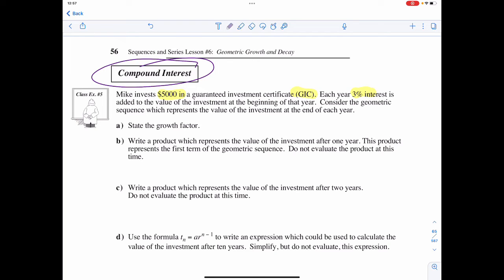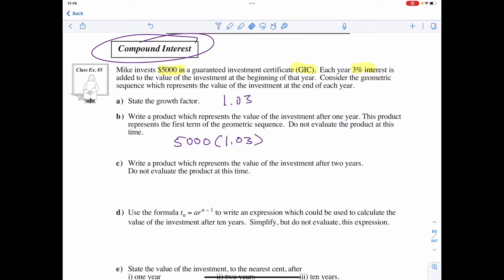So my growth factor, if I'm increasing by 3%, is going to be 1.03. If I want to figure out what the investment is going to be after 1 year, then I would take that 5,000, and then after a year has passed, I'm going to multiply it by 1.03.